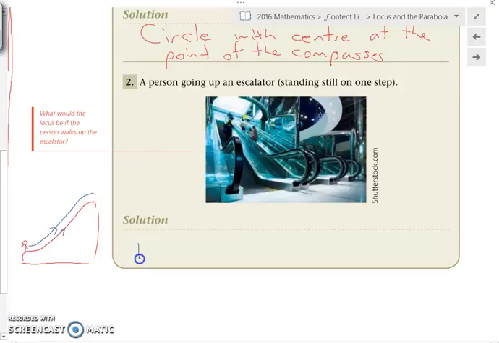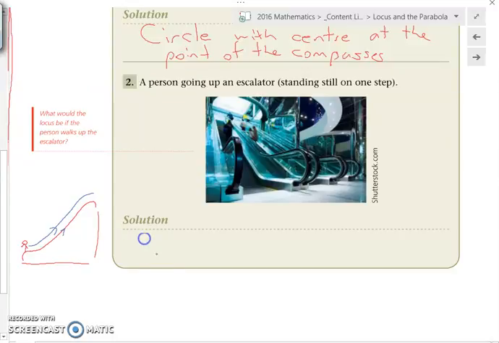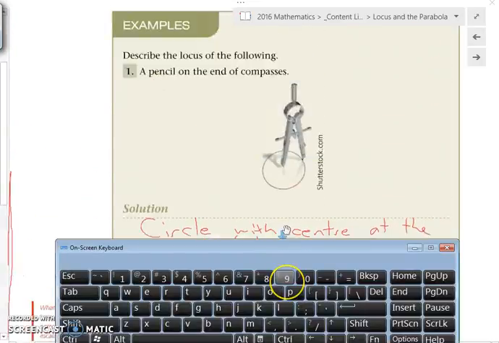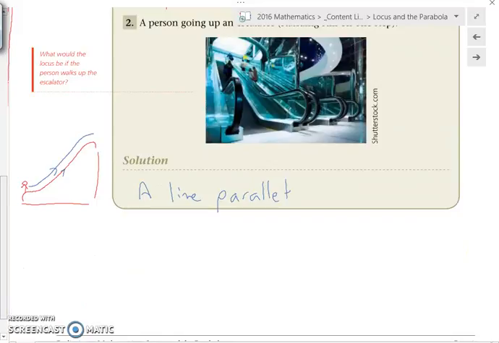So you could say that it is a line parallel to the escalator, yeah? Does that make sense? Cool. Because that's the movement. You've got to think about what the movement is, and it was in relation to going up an escalator.